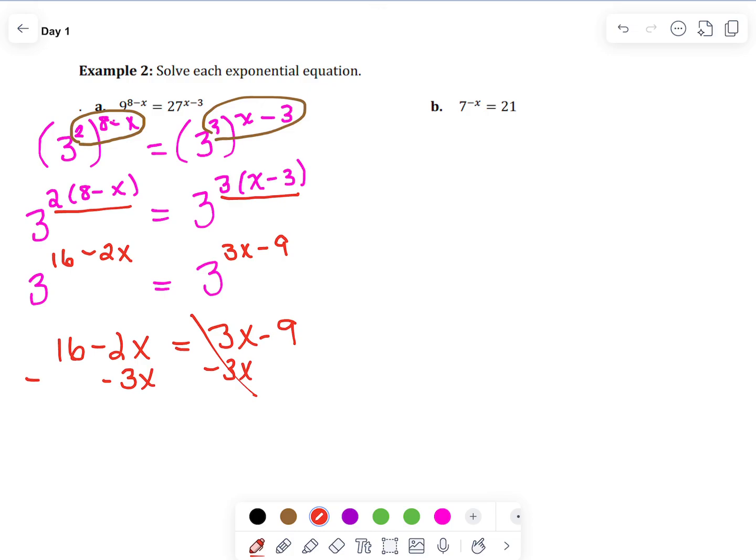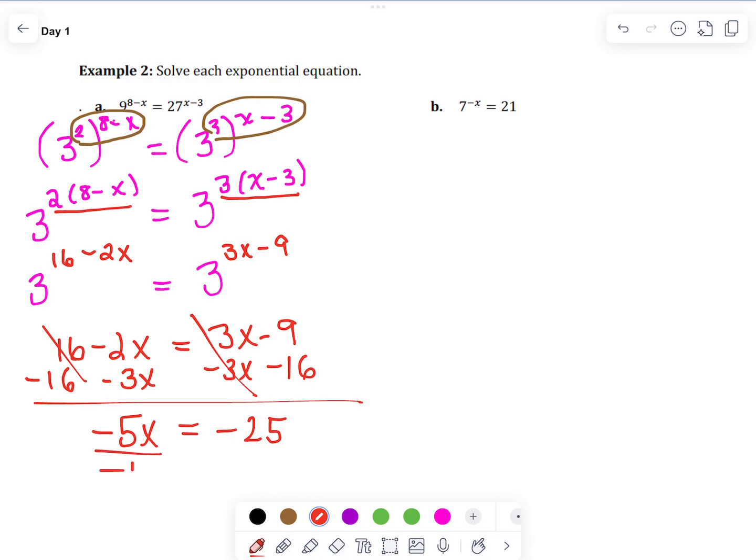And then I'm going to subtract 16 from both sides. And then combine my like terms. The left side we have negative 5x. The right side we have negative 25. Then we're going to divide both sides by negative 5. And then simplify. So negative 25 divided by negative 5 is 5.